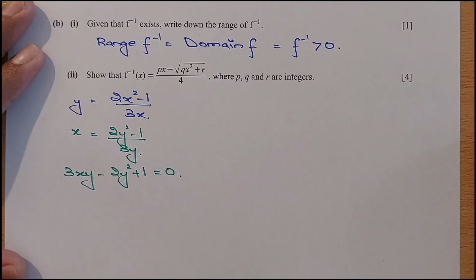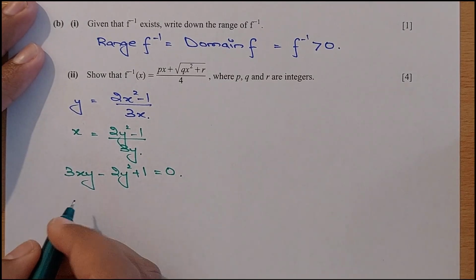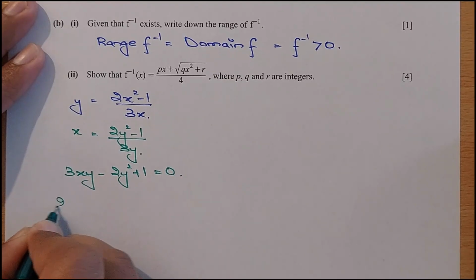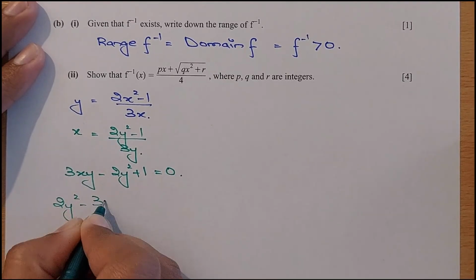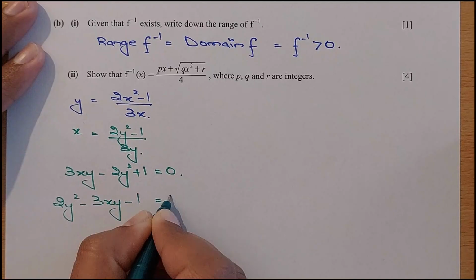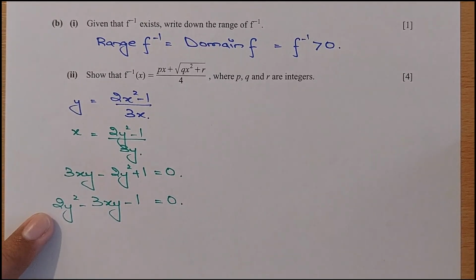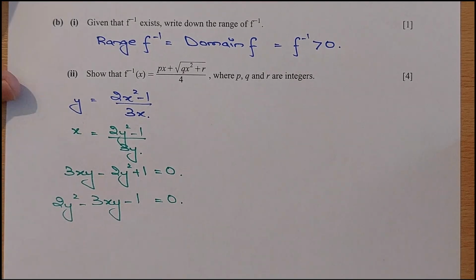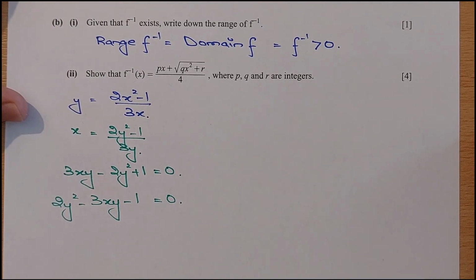Right. So this is going to be a quadratic equation in y square. Let me take the negative sign common throughout the equation. So 2y square minus 3xy minus 1 equals 0. So the a term is 2, the b term is minus 3x, and the c term is negative 1. So let me apply the quadratic formula here.